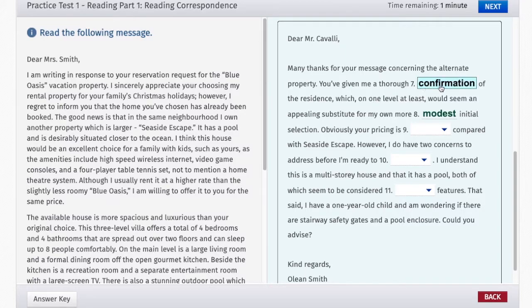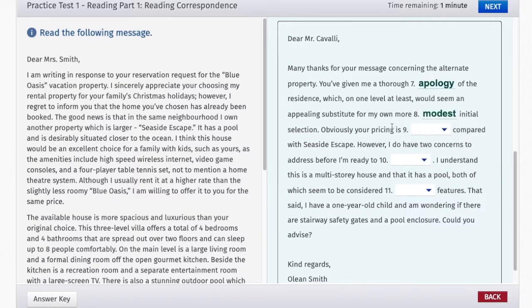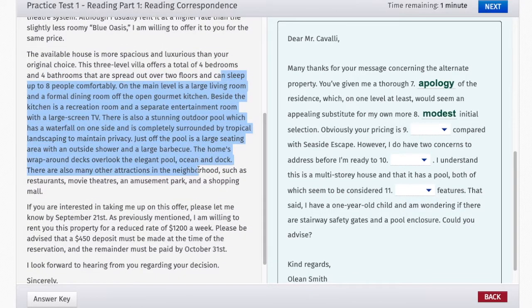Then we should look at the answers and see which one of these answers connects best to the original email.